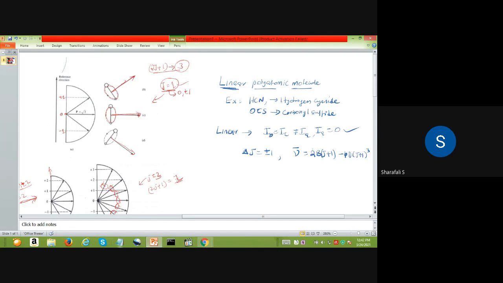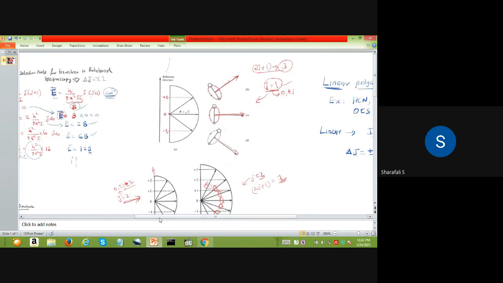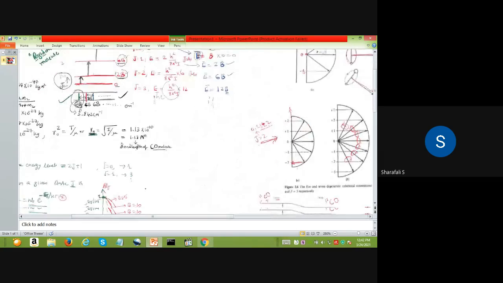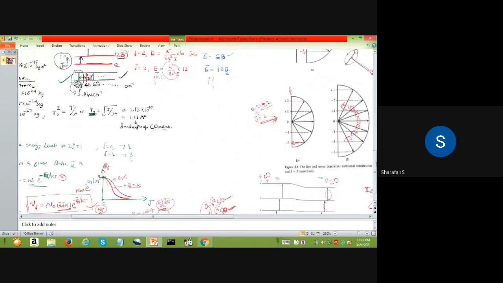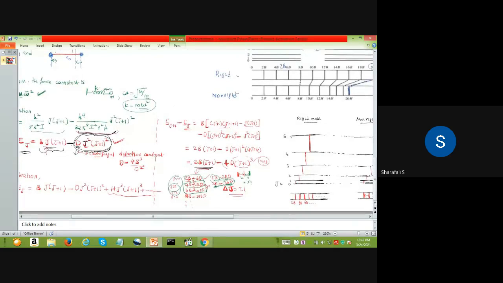I think I have written that mu bar here, in the last section also. Yes, this difference is EJ plus 1 minus EJ.